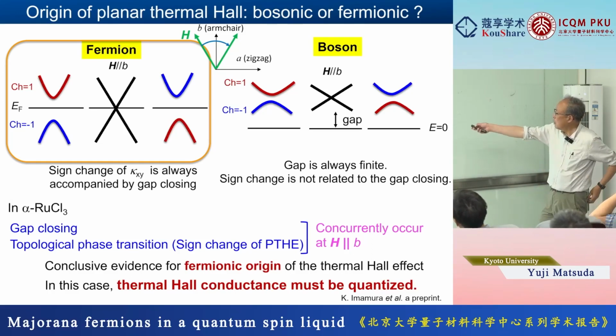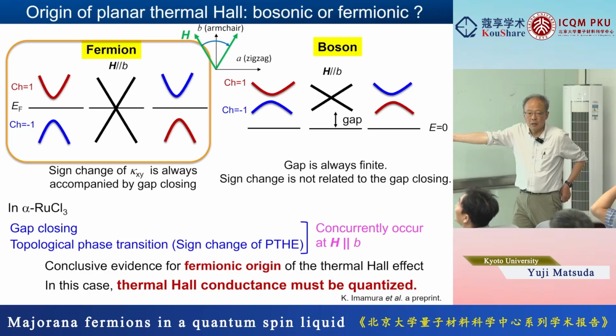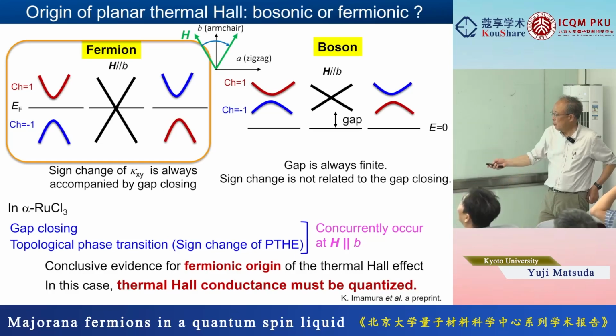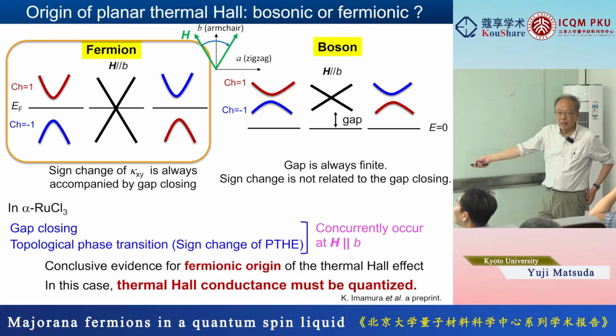In the magnon case or bosonic case, we can explain the sign change, but when the sign change occurs, the gap is always finite. But what we observe is that gap closing and sign change occur simultaneously. This is quite a general argument, right?